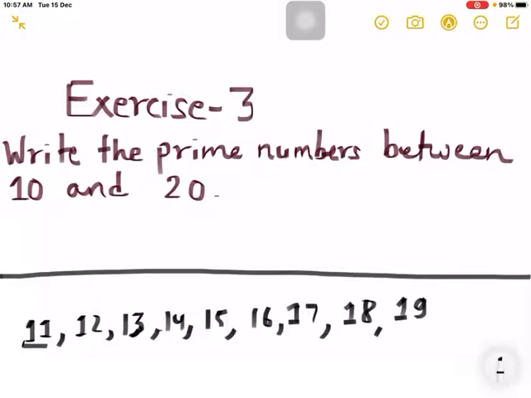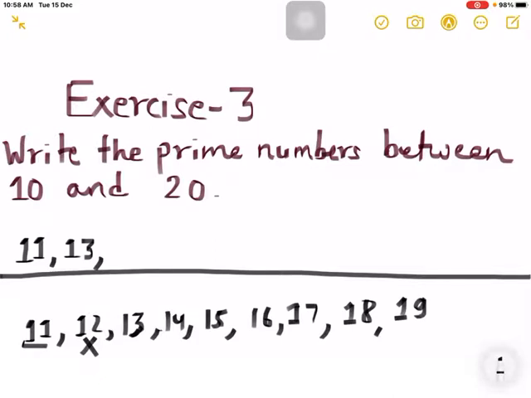Yes, 11 is prime because it is divisible by 1 and 11 only. 12 is not a prime number because it has many factors like 1, 2, 3, 6, 12 itself. 13 is an odd number. 14, 2 sevens are 14. So the factors of 14 are 1, 2, 7 and 14 itself. So 14 is also not a prime number. 15 has factor 3, 5 3s are 15. That means 15 is also not a prime number.